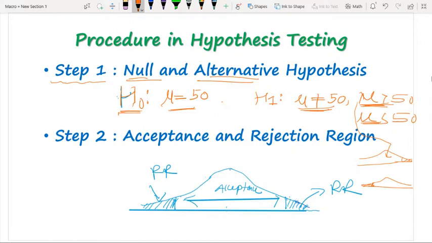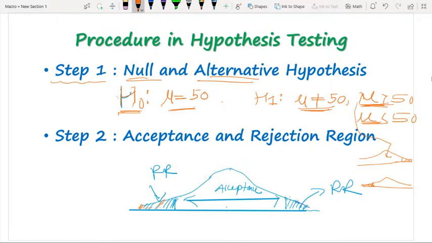So the main difference between the single-tailed hypothesis test and the two-tailed hypothesis test is the determination of the rejection region. In a two-tailed test, the rejection region lies on both sides, and we reject if the value of the test statistic that we calculate is quite low or quite high.